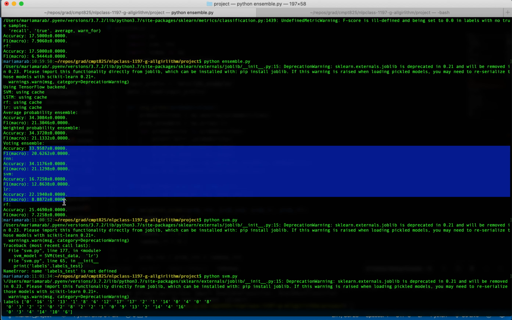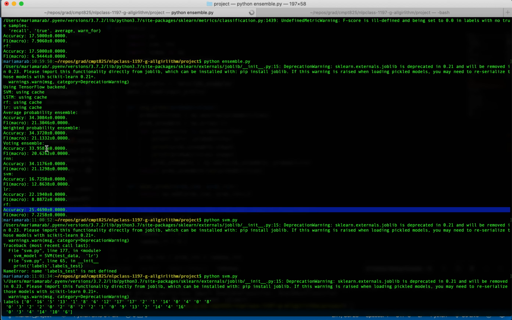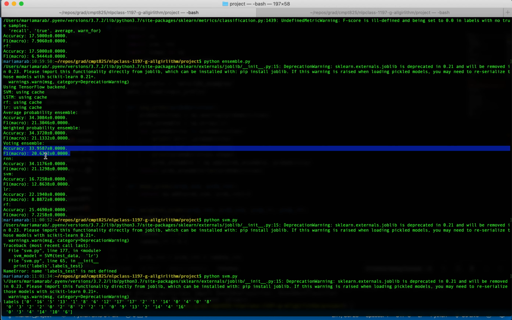So the accuracy we get is 21.12 for the RNN, 12.8 for the SVM, and then very low scores for logistic regression and random forest. In the first ensemble, I did a voting ensemble, and that decreased the accuracy from 21 to 20.6.